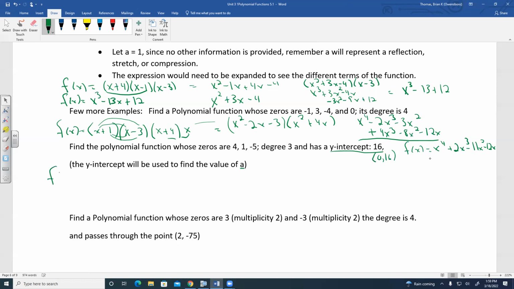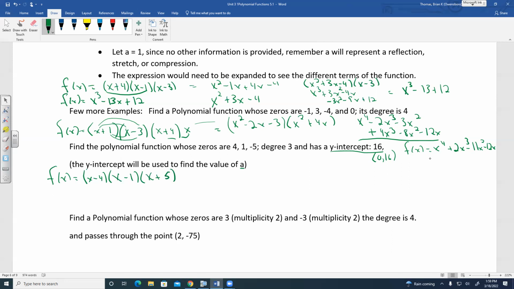So if I have f of x equals this, my zeros, there's just 3 of them, so the multiplicity is just going to be 1 for each one. So that 4 means I'm going to have an x minus 4. The 1 means I'm going to have an x minus 1. And this -5 means I actually have an x plus 5.